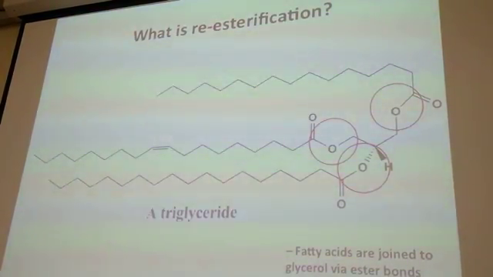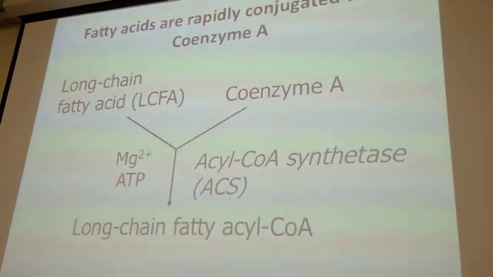So when we talk about reesterification, we mean the reformation of these ester bonds on this glycerol backbone to reform our triglyceride. So we have 3 ester bonds, 3 fatty acids, on the glycerol backbone. We could also say that for our vitamin A, our retinol ester, it's hydrolyzed by carboxyl ester lipase, it's taken up, and then it's re-esterified, right? We reform that retinol ester.